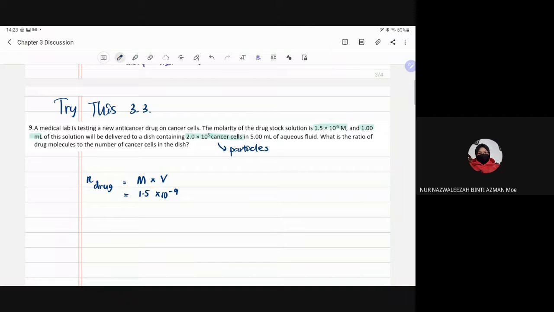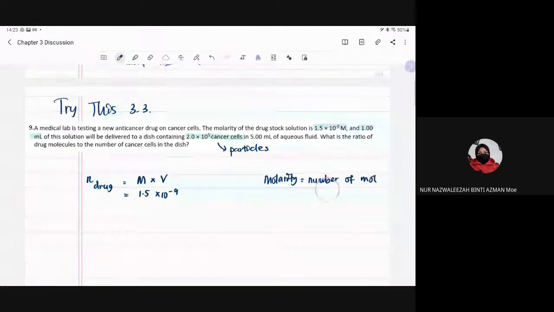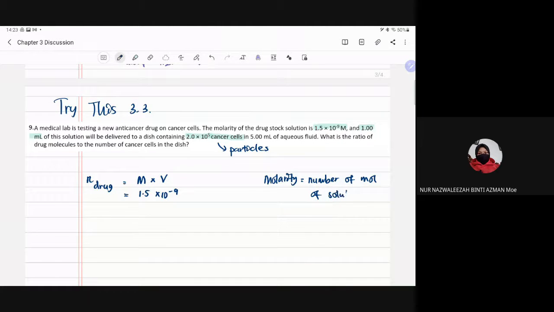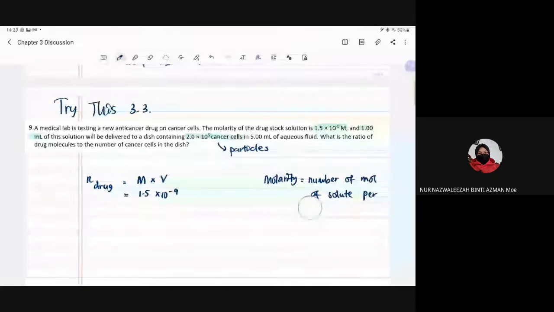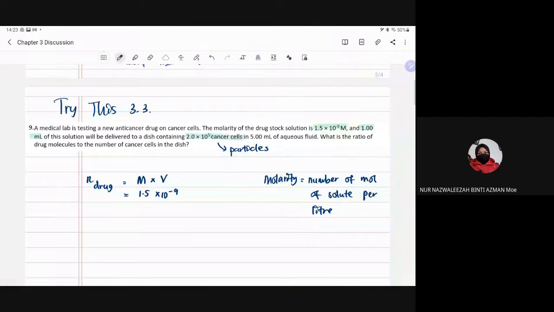Because by definition, molarity, let's recap, is the number of mole of solute per liter of solution. It is specified for every 1 liter. Therefore, you have to change it into liter.